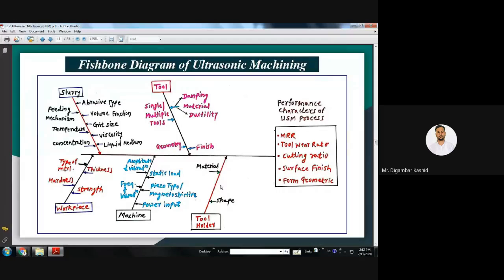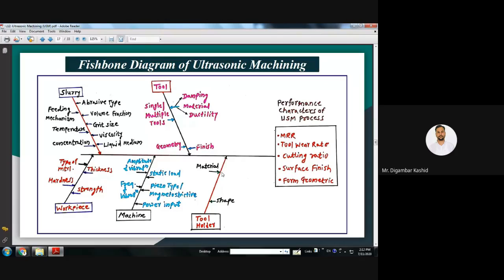And finally, there is another process parameter which affects the performance of the process, that is the tool holder. The shape of the tool holder and the material also affect, to some extent, the performance of this USM process.